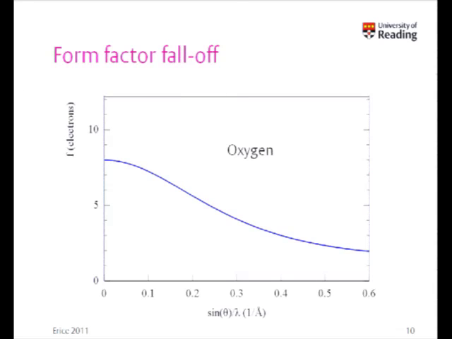So we're already starting off from a relatively low point here, relative to, say, a metal such as uranium, where it's kicking off at 92. And then as a function of sine theta over lambda, the scattering power drops really quite rapidly down to low levels. And to make matters even worse, of course, that basic form factor becomes modulated by the temperature factor.